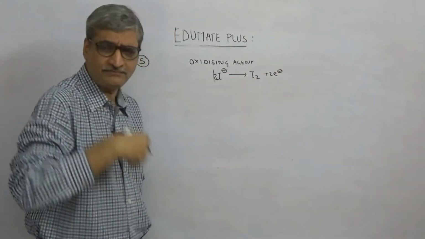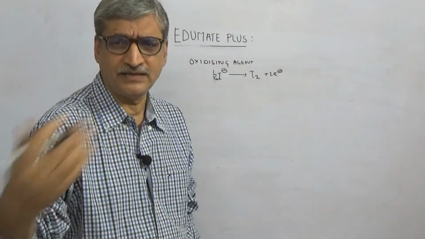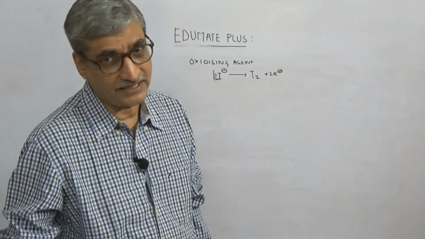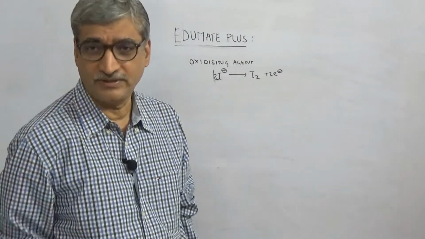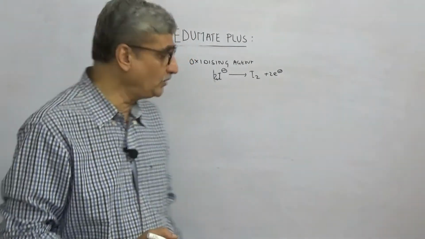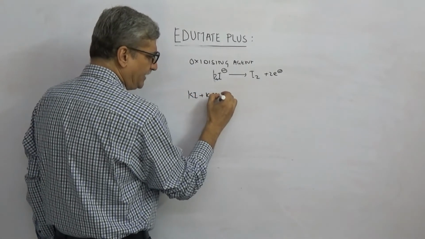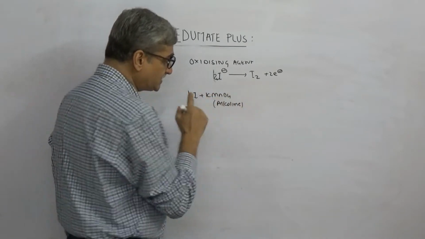You take chlorine, bromine, add into potassium iodide, you get iodine. KMnO4 acidic, iodine. Potassium dichromate acidic, potassium iodide becomes iodine. The exception to the rule is when you react KI with KMnO4 in alkaline medium.